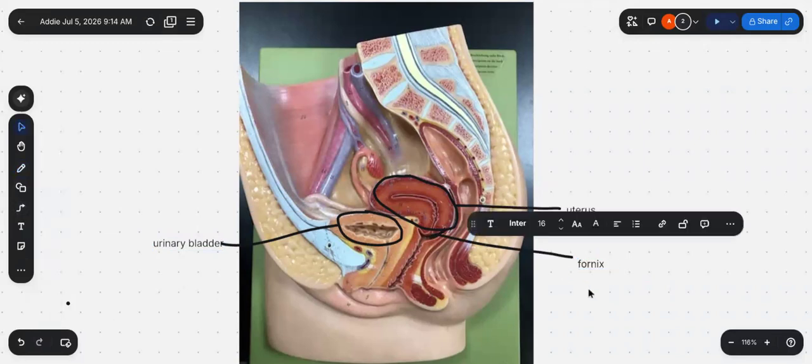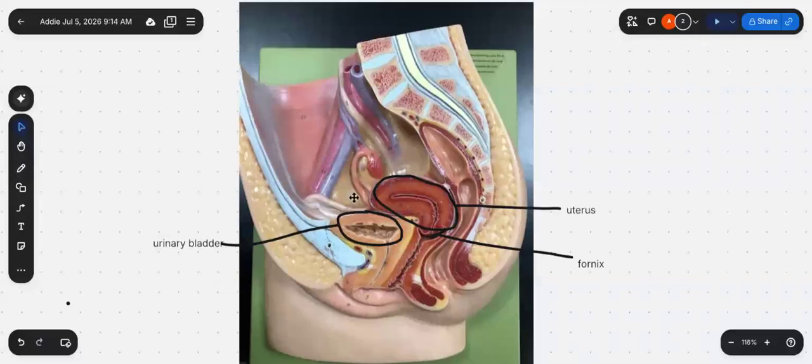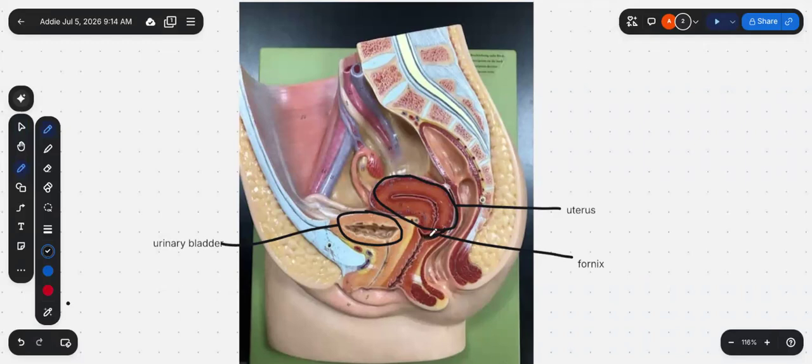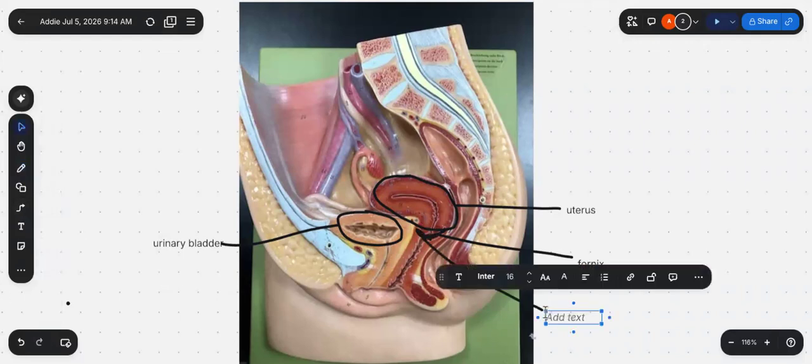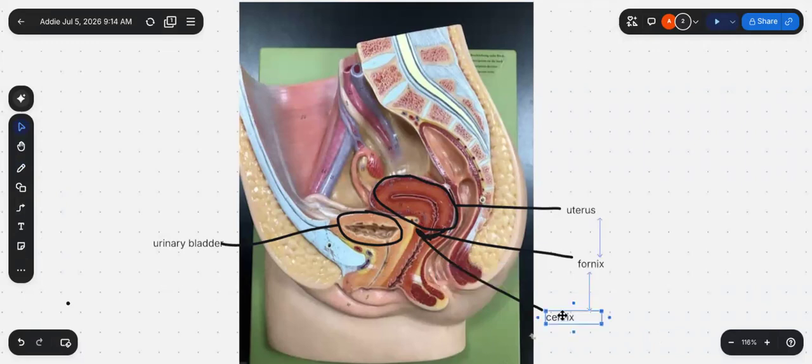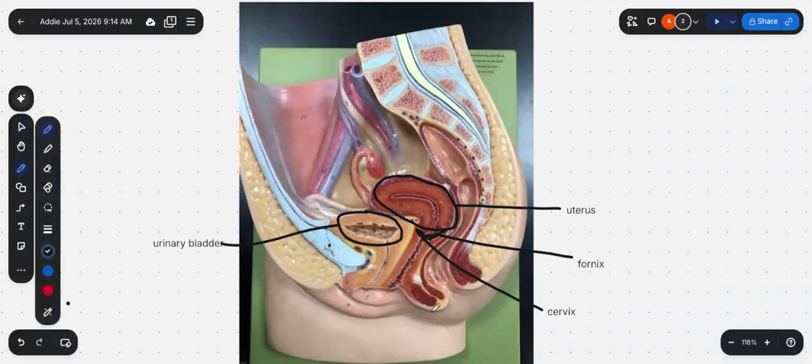And then right below it, we have another branch off of it, this portion over here, going on the opposite side, that is your cervix. So the cervix is the part that they kind of measure when you are giving birth to see how dilated it is, if the baby has breached or not, and whether you are ready to deliver.